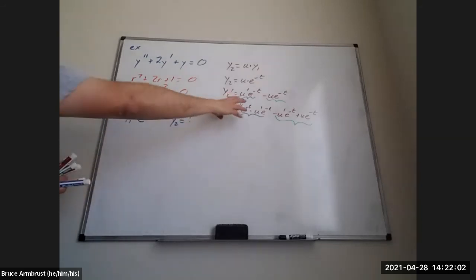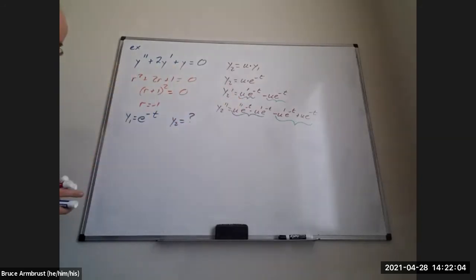So let's put all that back into this differential equation and see what that forces onto our u. So we're going to take the y2 double prime.